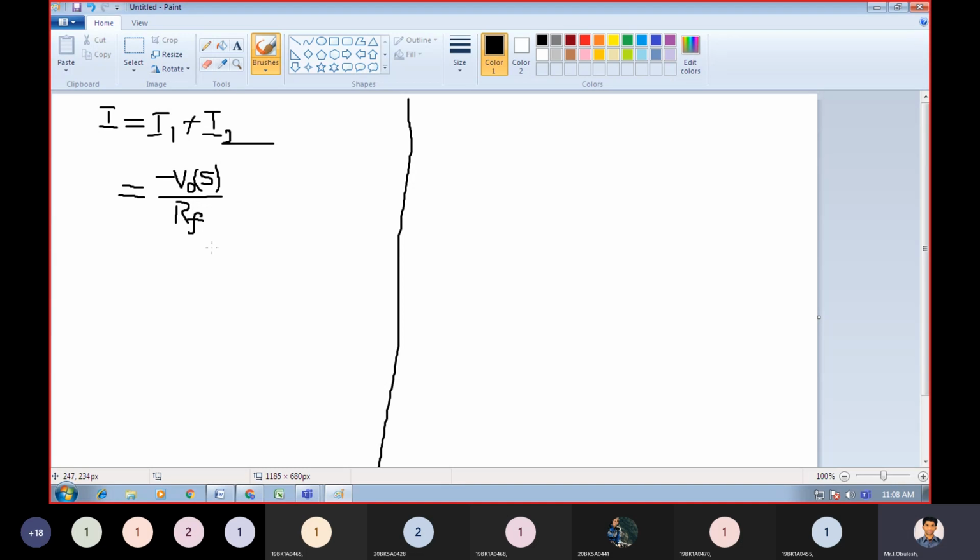Then the I2 value is minus SCF into V naught of S, minus SCF into V naught of S.